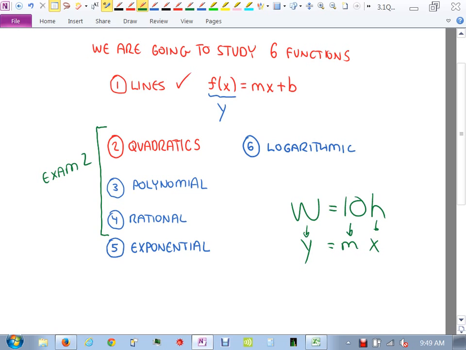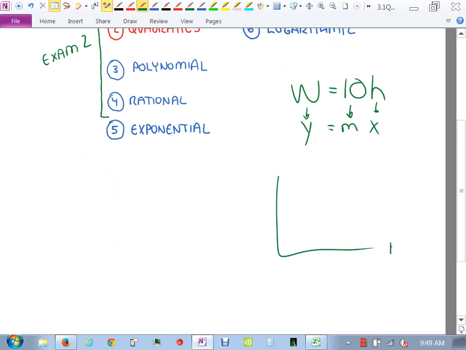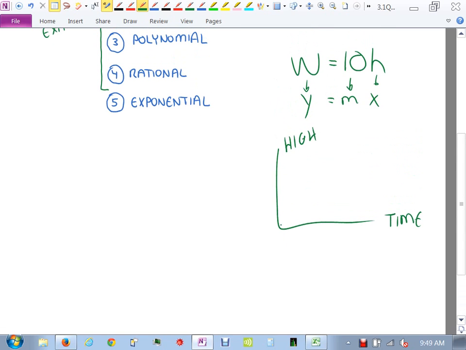But then if I take something like this marker and I throw it through the air like this, and I measure the time, when I let it go, it went up, then it came back down, right? Then if I tried to graph something that described how high it was at a certain point in time, like if this is time, we're going to get into this, don't worry, and this is how high it was, then what happened was it went up and then it came back down like that, right?